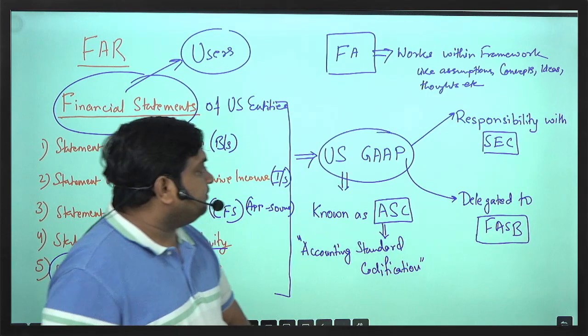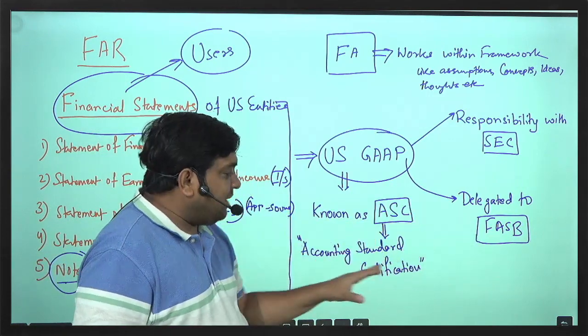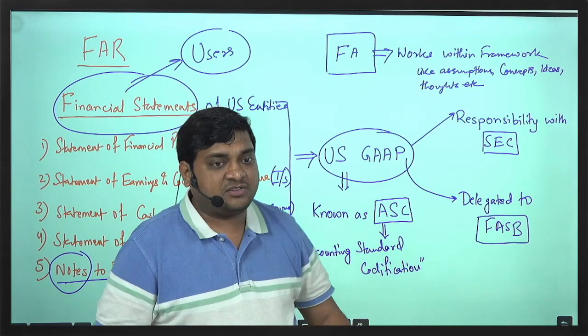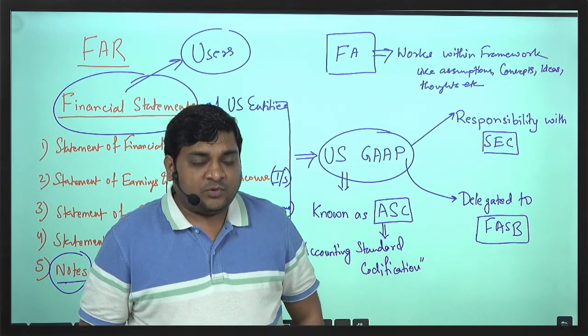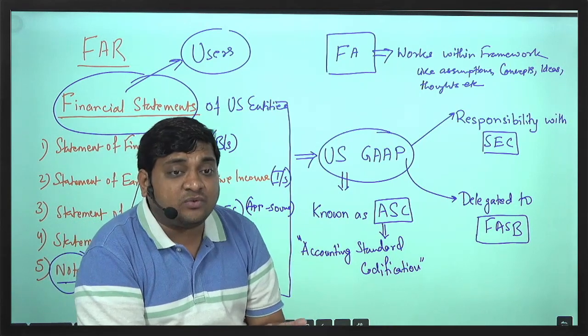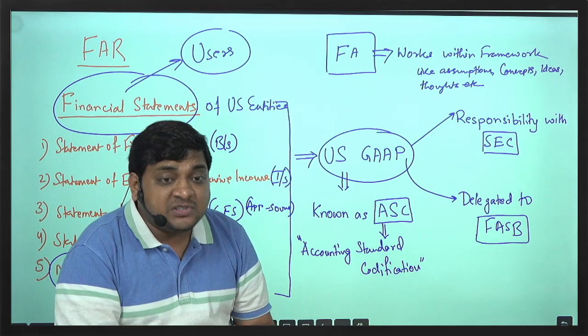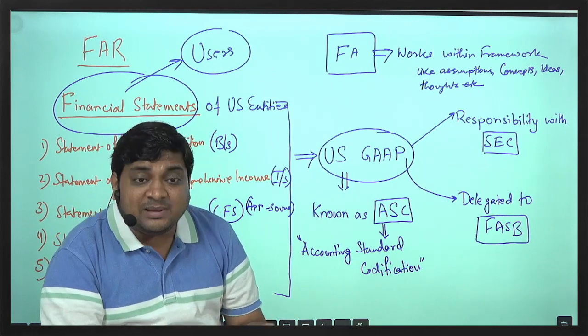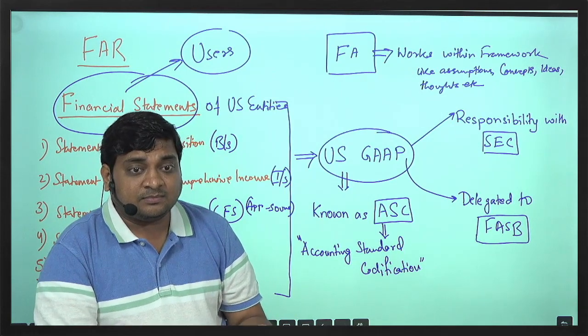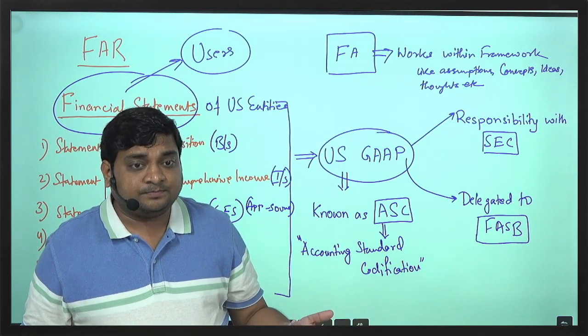US GAAP pronounced by FASB, known as Accounting Standard Codification. You have some general principles. You have principle related to various assets, expenses, incomes, liabilities. All these things we have in our curriculum. Is it fine?